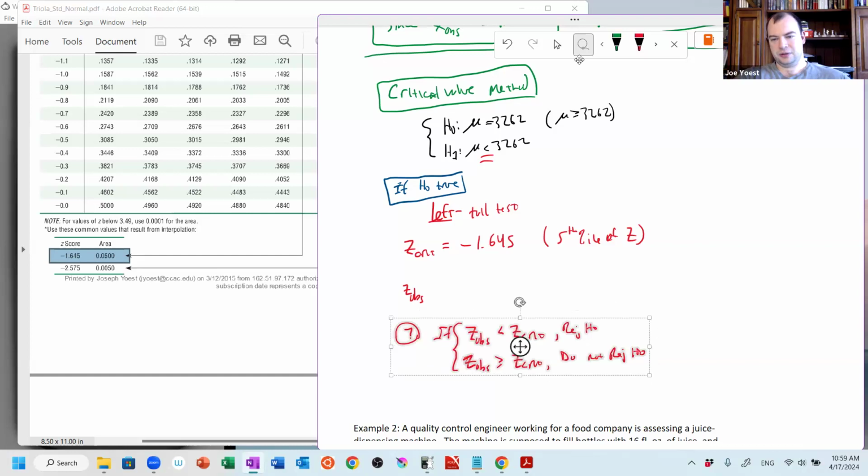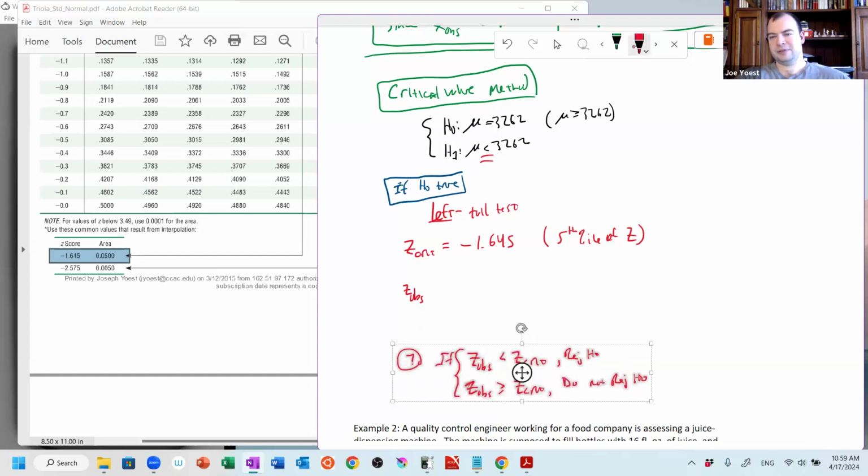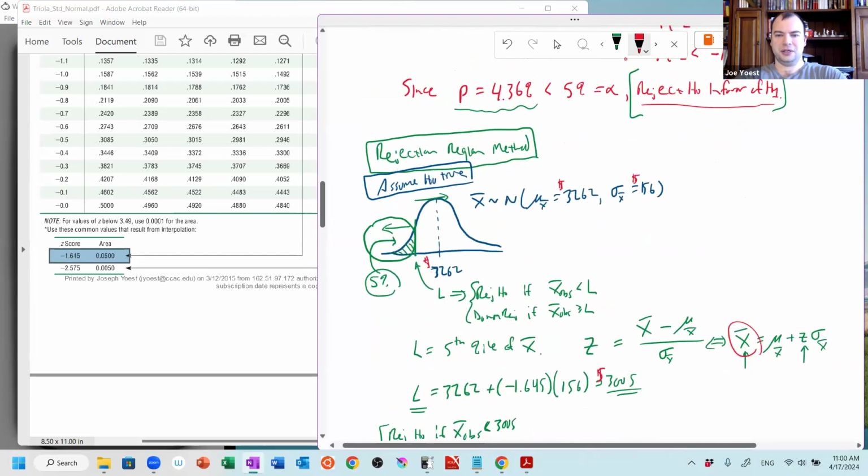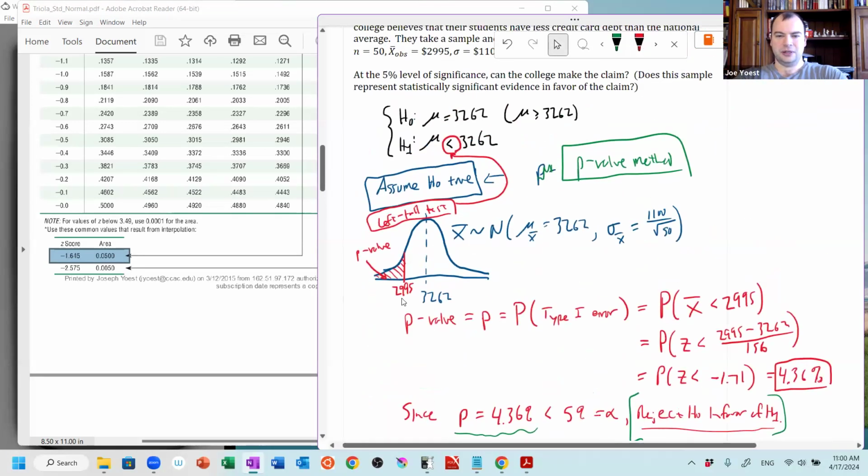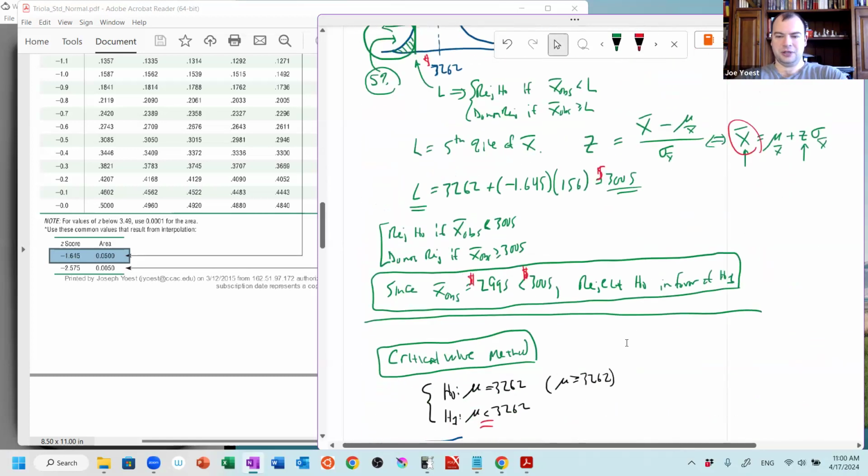Well, it is X bar observed minus what I'll call mu naught, the null hypothesized value of mu, over sigma X bar. It's really just the z-score for 2995. It's this negative 1.71.